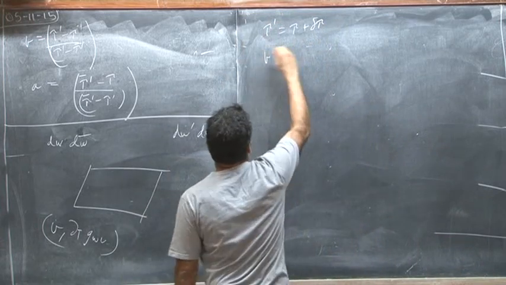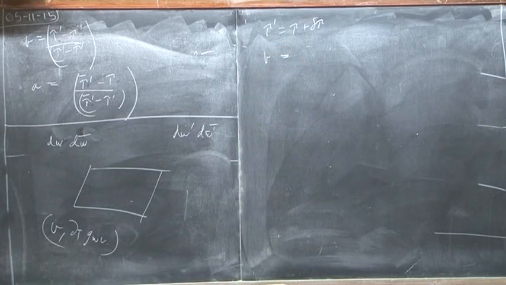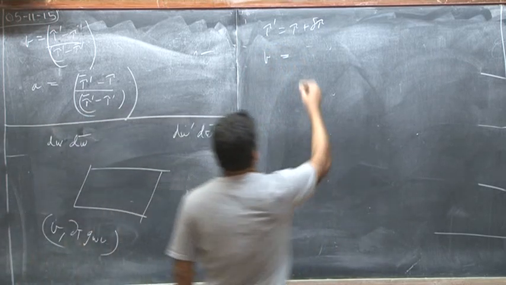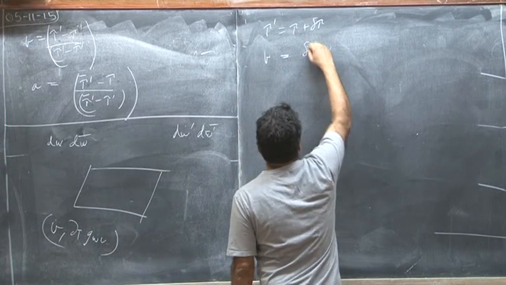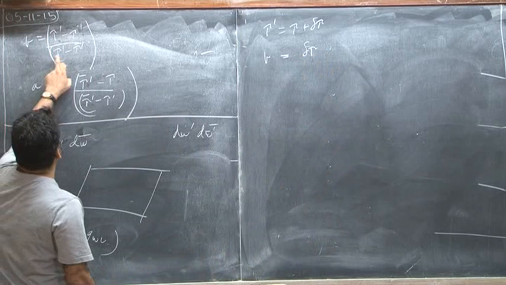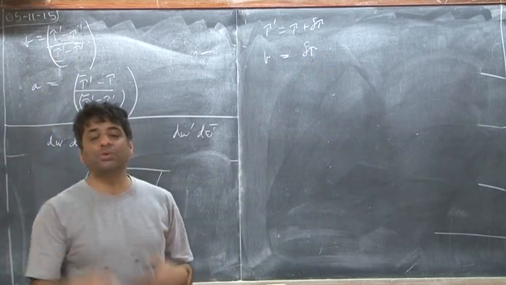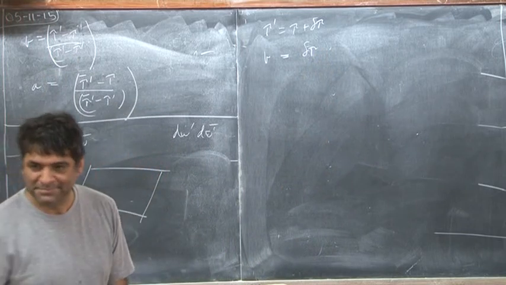We get B is equal to delta tau, over tau prime minus tau prime bar, which is the same as tau minus tau bar, which is 2i tau 2.